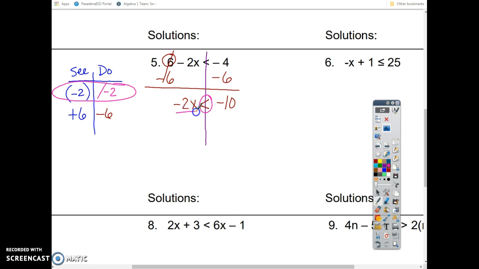Okay? So I'm dividing both sides by -2. The negative and the 2 cancel. We bring the x down, we flip the sign, and what does this give you? The negative 10 divided by negative 2. Positive 5. Okay, so the sign flipped. If you forget to flip it on a test, it's going to be counted wrong.